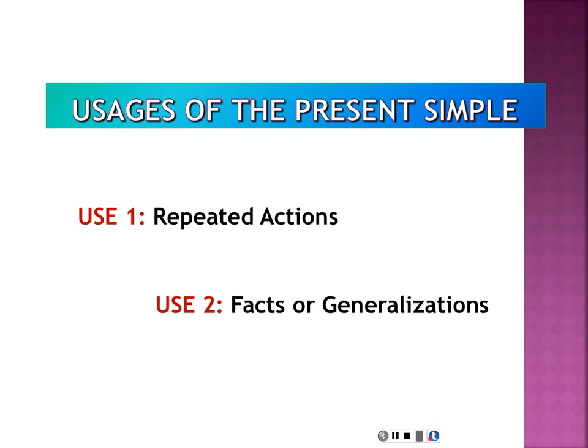Facts هي الحقائق, while generalization, when you make something general, when you generalize, you make a generalization, so it means تعميمات. نطلق تعميمات على أشياء معينة، على مفاهيم معينة، أو على شعوب معينة أو بلدان معينة. So, what are repeated actions? What are facts or generalization?